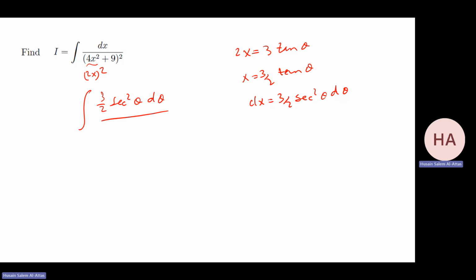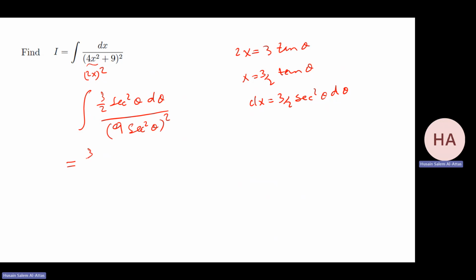That will be 9 tan squared plus 9, which is 9 times tan squared plus 1, which is secant squared, all squared. Yeah, that is 81.